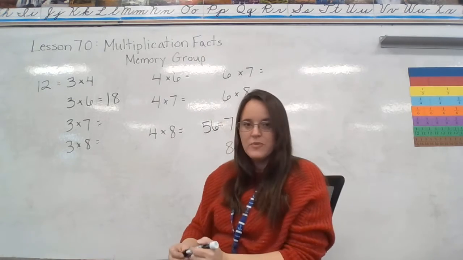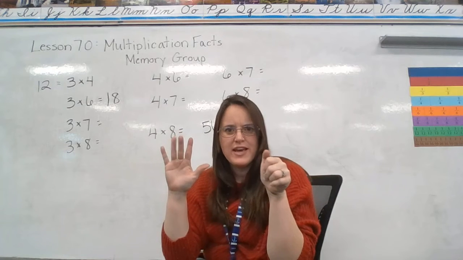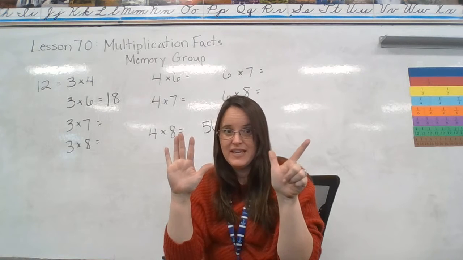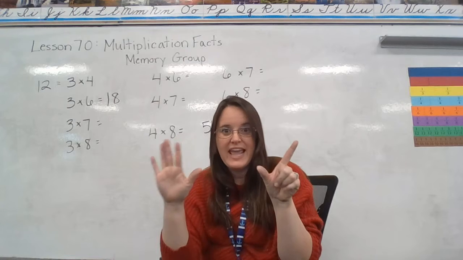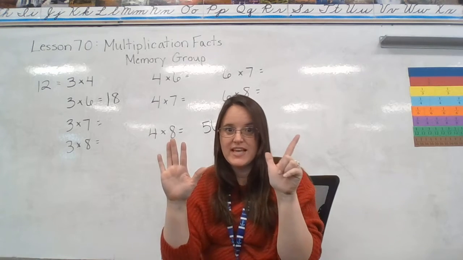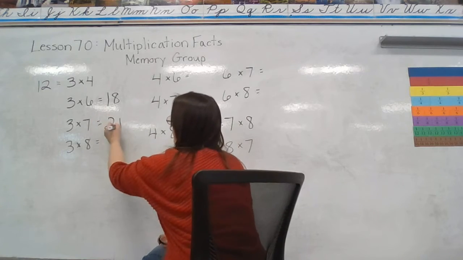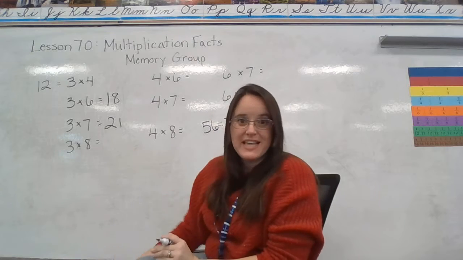Then we have 3 times 7. Well, gee, we just counted 6 groups of 3 and we got up to 18. So 7 groups of 3 is just going to be 3 more. So we had 18, 3 more gives us 21, and 3 times 7 is equal to 21. 3 times 8.